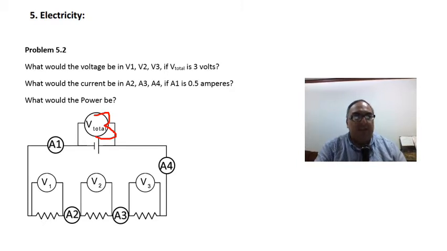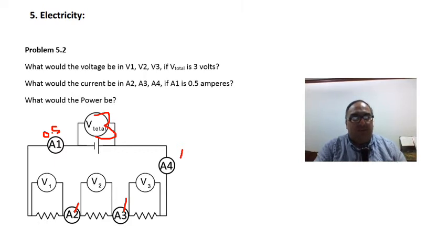And then it asks what would be the current in A2, meaning here A3 and A4, if we have 0.5 amperes here. Okay, so what will happen here?